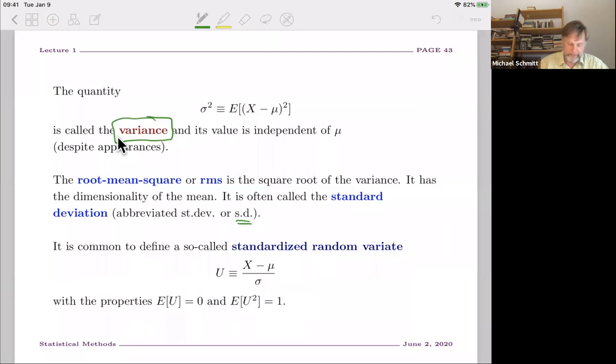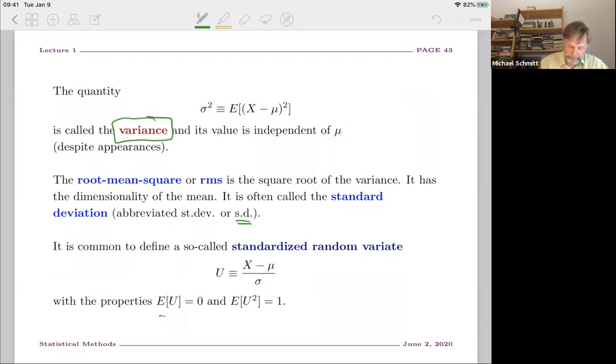And so it is common and useful to define a standardized random variate, u, which is x minus mu, so the numerator has expectation value 0, and then we divide by sigma so that the variance of this combination ends up being 1.